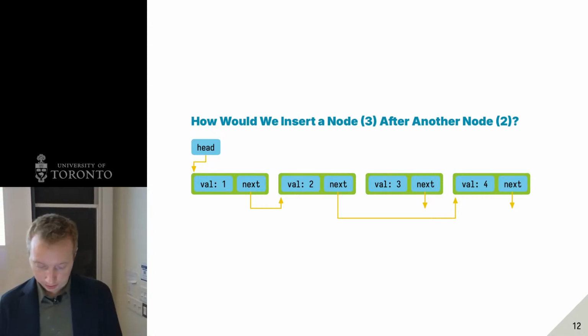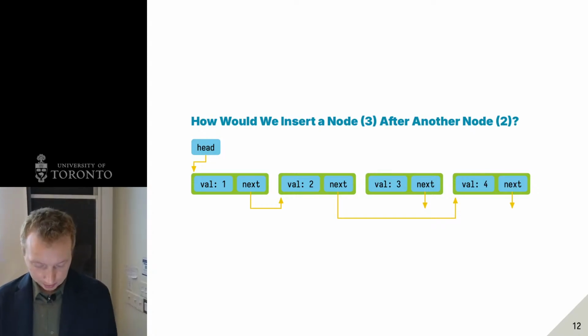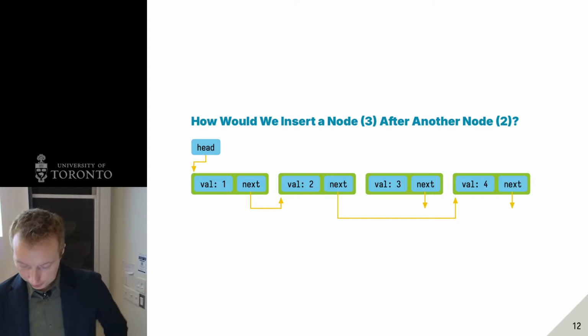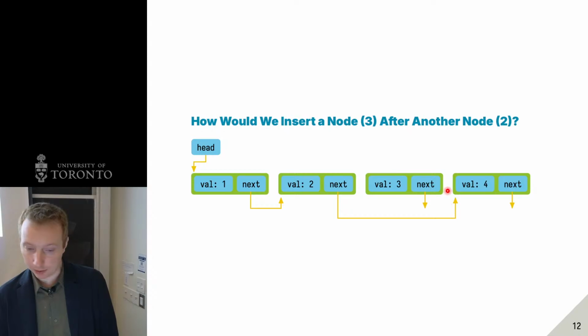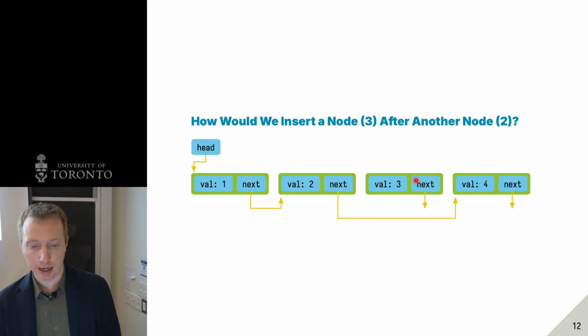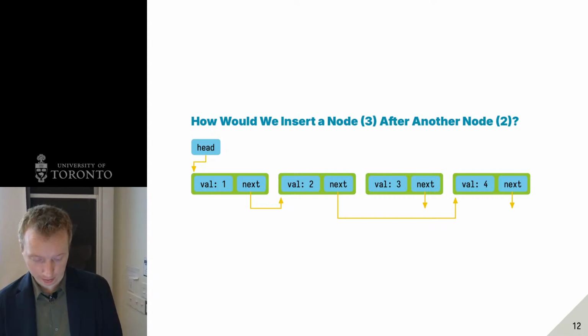I'll give you a second to think about that, and then we will try to implement that as well. So again, we have node 3, which is not connected to anything, and we want it to be added after node 2, but still in the list.